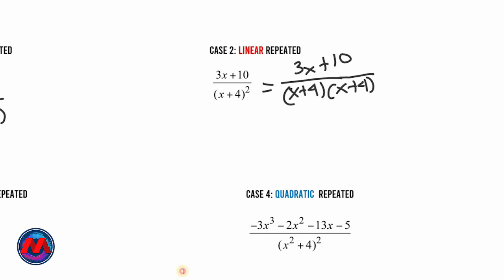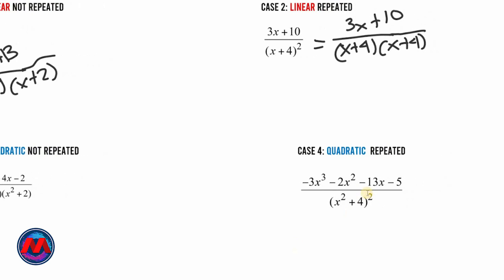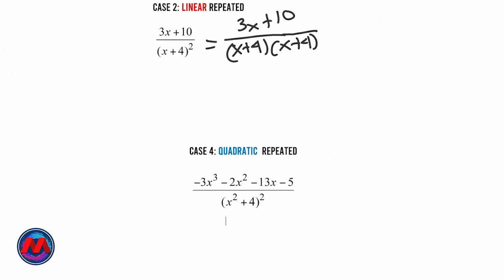Alright, let's move now to case number 3. Case number 3, quadratic not repeated. Ibig sabihin, quadratic equation siya kasi yung highest degree niya is raised to 2. Dito sa case number 4, same na quadratic siya pero repeated kasi may naulit na mga factors.